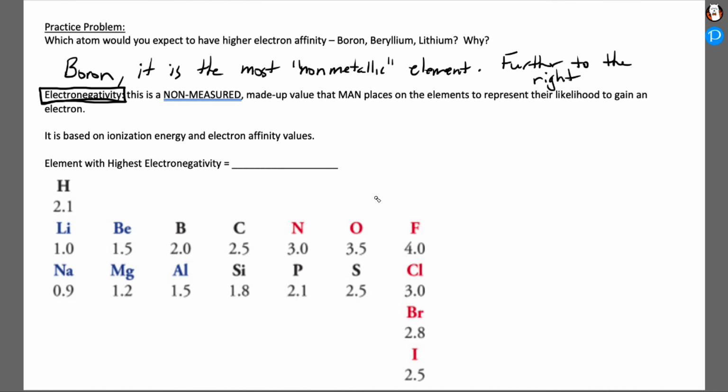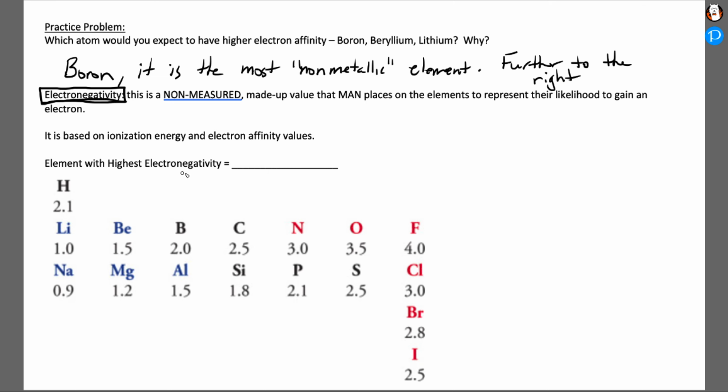We see how good they are at taking electrons from things, and the better they are, the higher this electronegativity value. So really high electronegativity values means that you've got a really strong attraction for electrons and you're really good at taking them. If you have a low electronegativity, that means you're not at all good at stealing electrons. And so it is based on ionization energy and these electron affinity values.